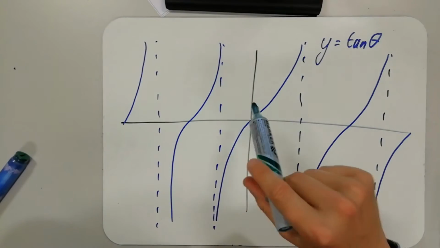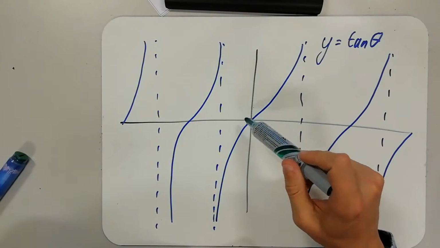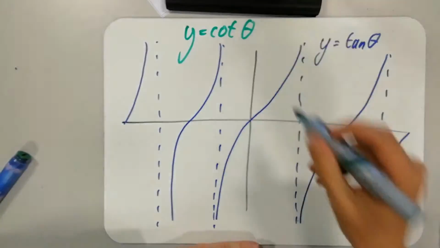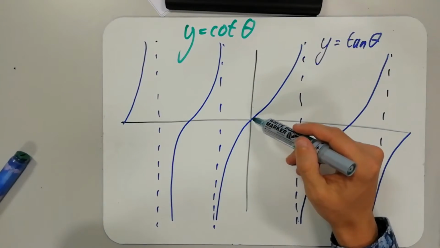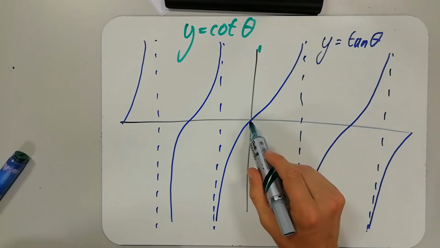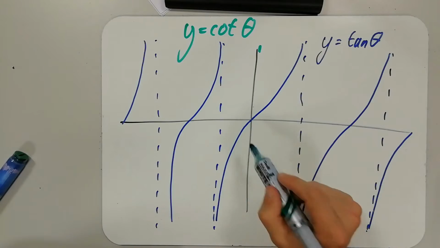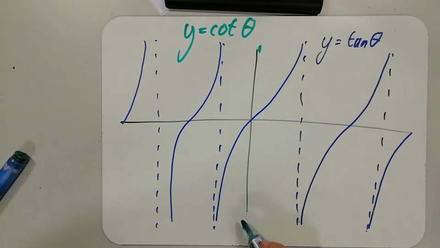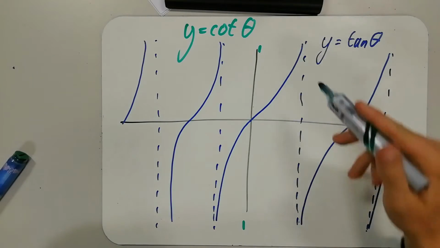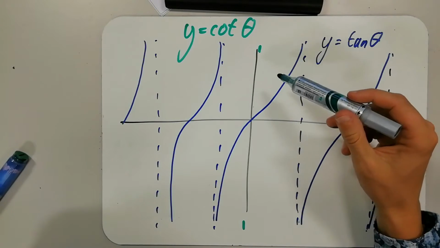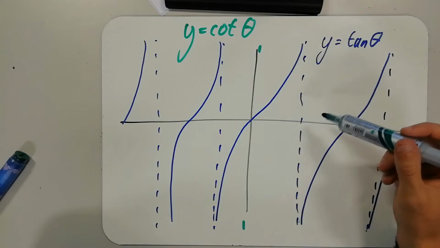Okay, so similar idea to before. Y-intercept for y equals cot theta. 1 over 0 is very, very large. 1 over 0, when I'm plugging in a negative value very, very close to 0, will give me a very large negative value. And then when I start dividing by bigger and bigger numbers, I'll get closer and closer to 0.